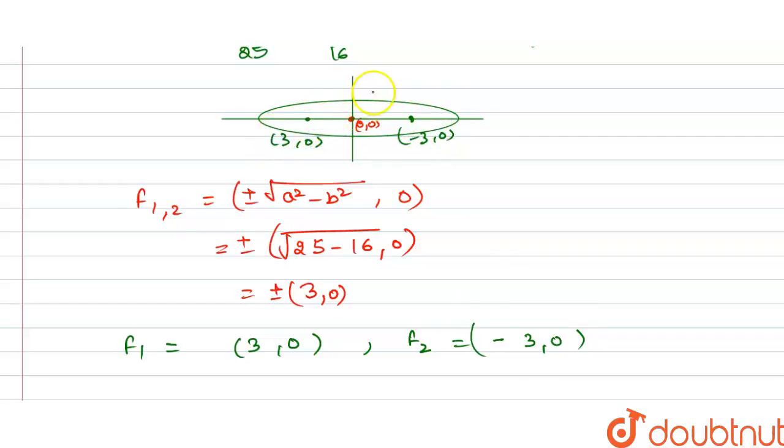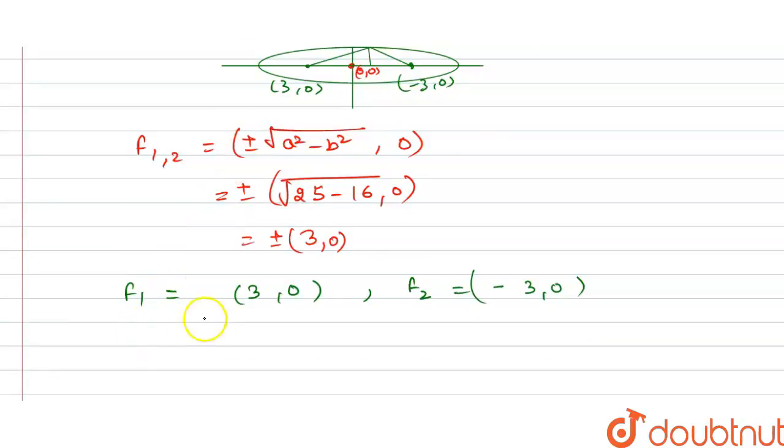We can draw the triangle here from this point to this and from this point to this, and we can join this to this. So these are the foci. Now the area of the triangle is equal to 1 by 2 into base into height.